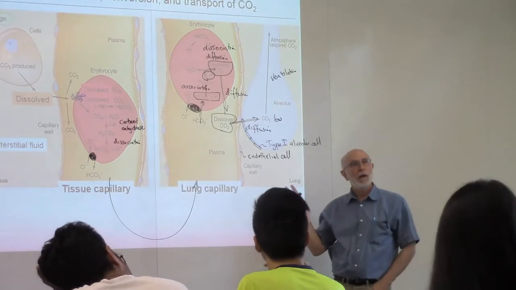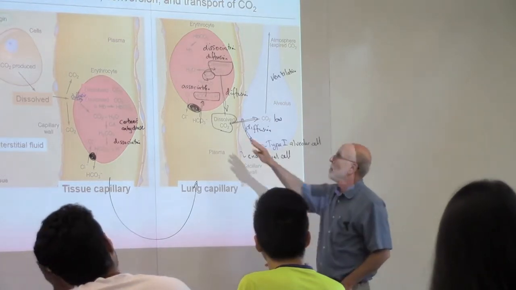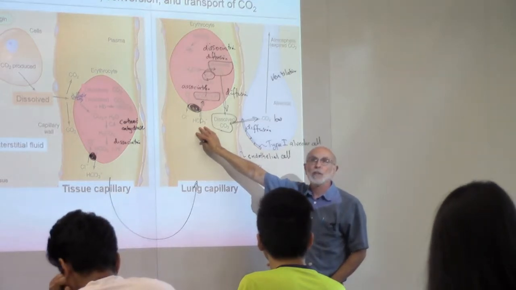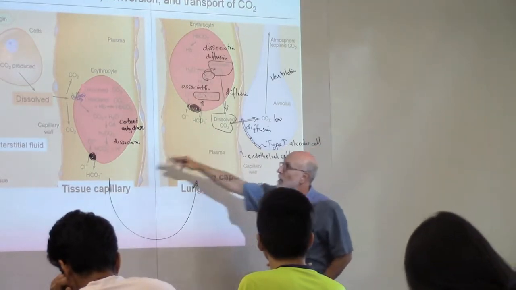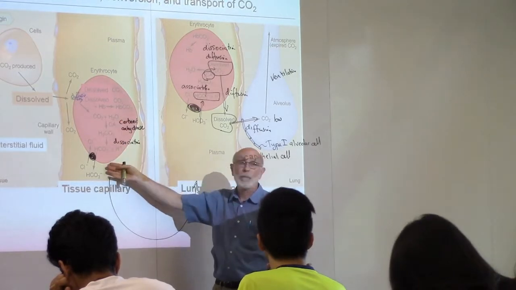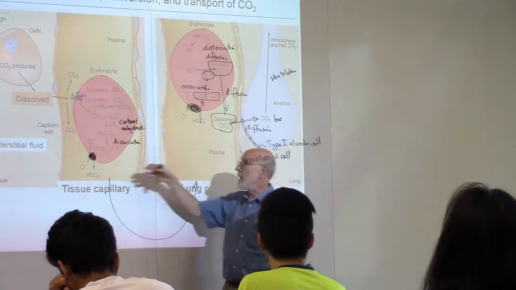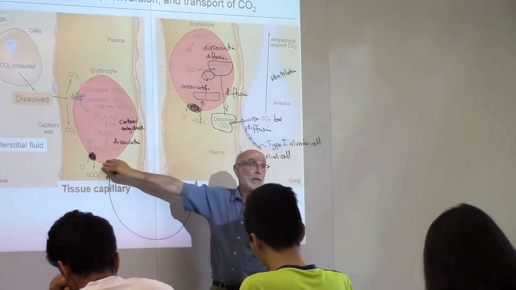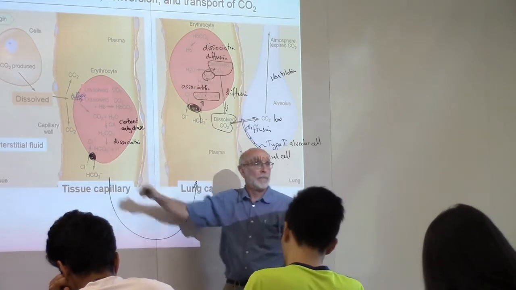Here in CO2, it's less dramatic, but much of the CO2 is carried as the bicarbonate ion, and we have to understand where that bicarbonate ion came from. It came from carbonic anhydrase, and its presence in the plasma came from the chloride bicarbonate exchanger.